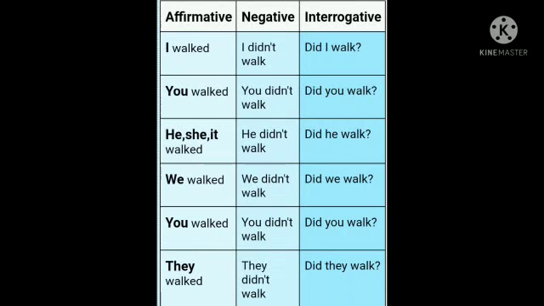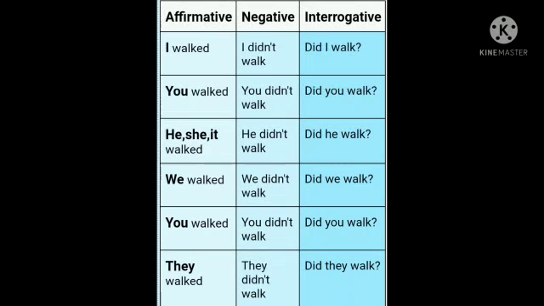You walked, then the negative of this sentence will be you didn't walk, and the interrogative will be did you walk. And the last one, they walked, and the negative of this affirmative will be they didn't walk. And similarly, the interrogative of this affirmative and negative will be did they walk?